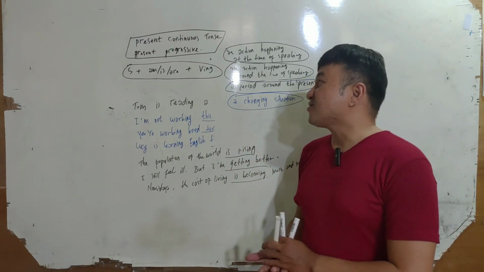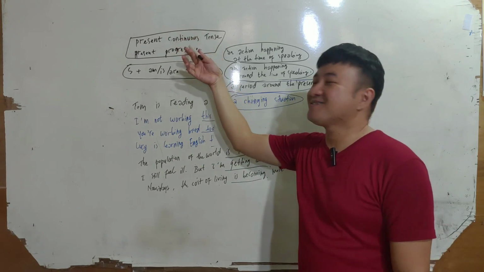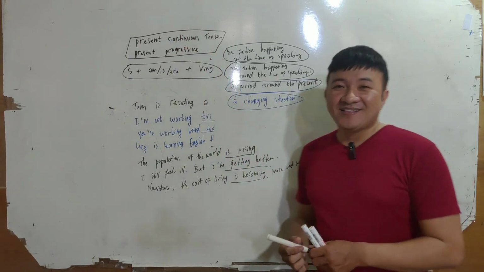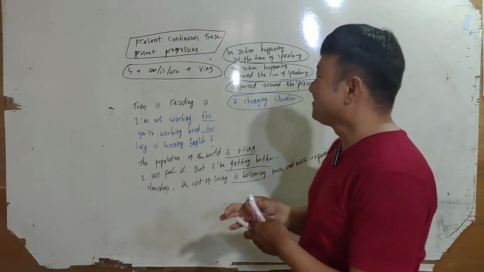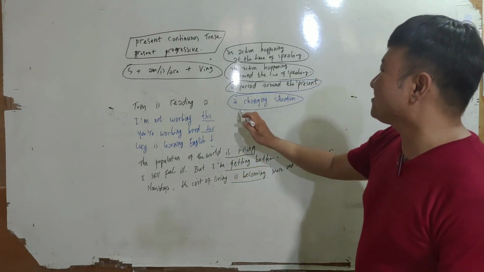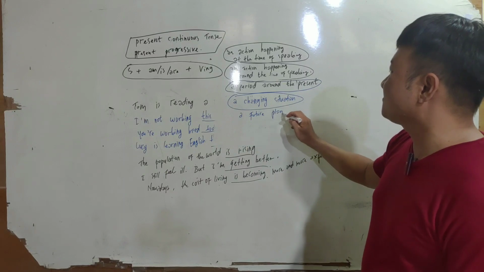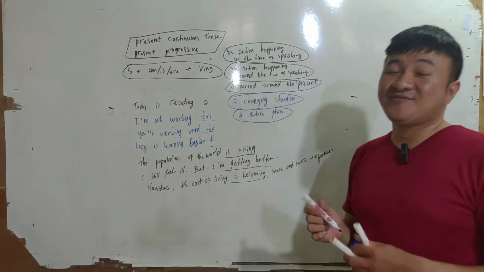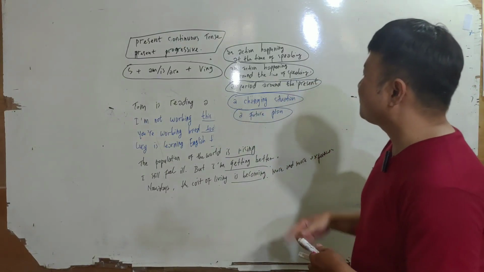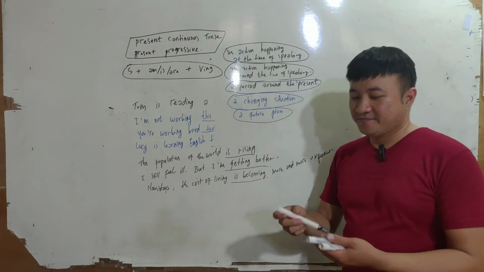Now, is there any other function of this present continuous tense? It's a bit complicated. Well, there's one function again. It can also be used to talk about a future plan. Yeah, it's not a future tense. It can also be used to talk about a future plan, a future arrangement.